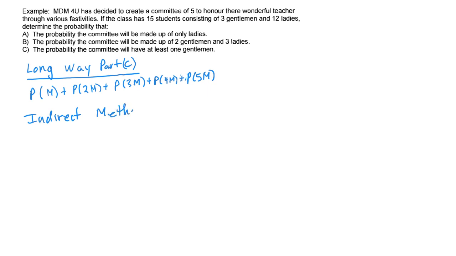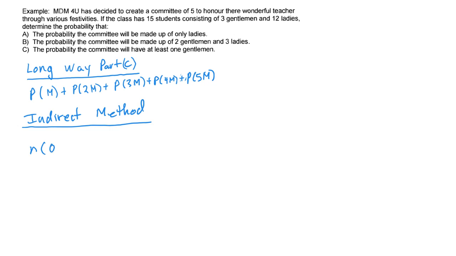Method, okay? So if you did this problem indirectly, we have to understand what we don't want, right? In this case, you want the number of 0 men. And that's because we need to know how many ways we can get absolutely no men. So that's this.